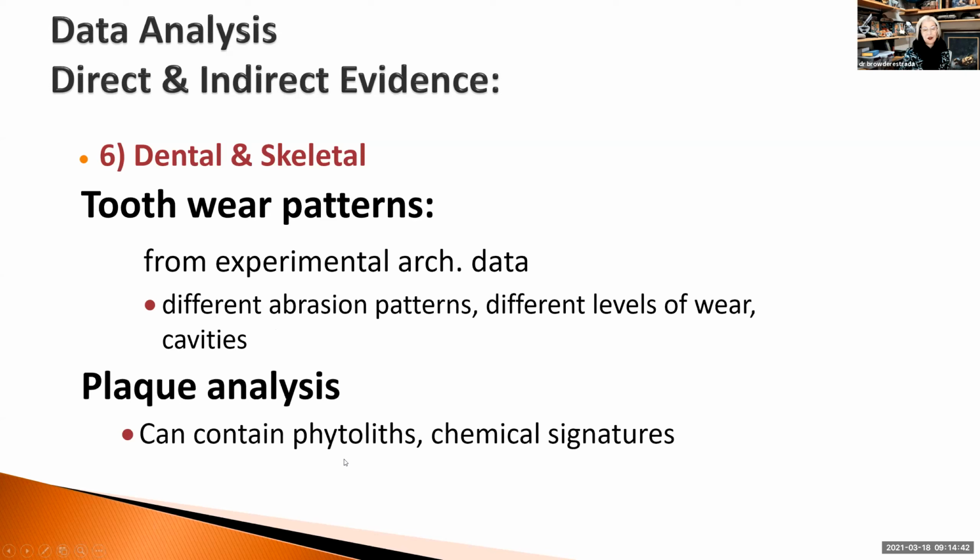Those microscopic little plant remains sticking onto the surface of the teeth that get embedded there because the bacteria and other organic things that are stuck on there are actually hardening over time. And we can also get some chemical signatures from plaque analysis. We can get this from dinosaur teeth, from Ice Age mammal teeth, right? This is not just to understand humans. So paleontology also uses these techniques.